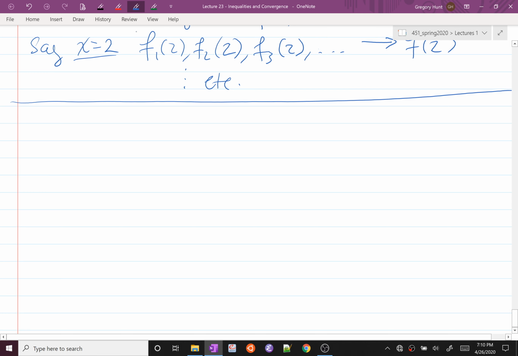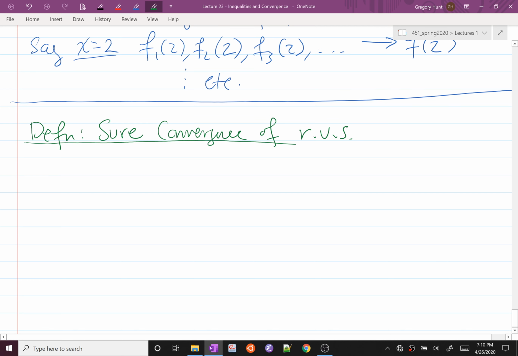So our first kind of useless definition of convergence is called sure convergence of random variables.